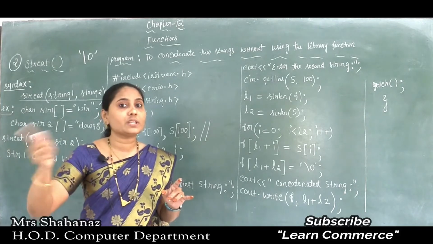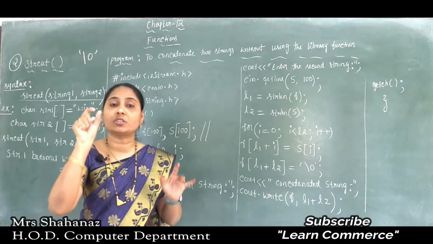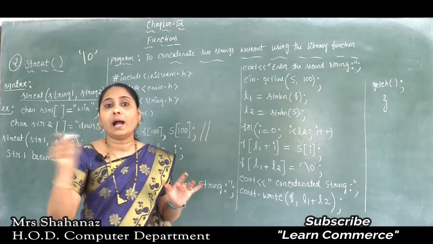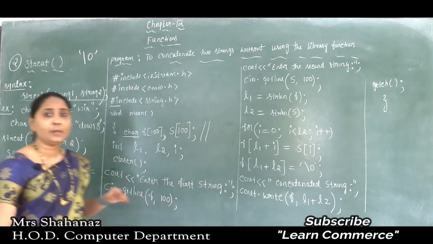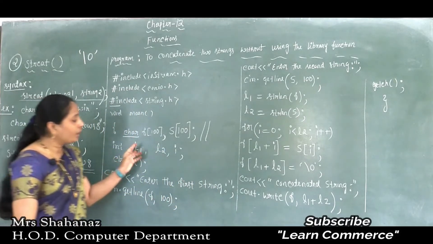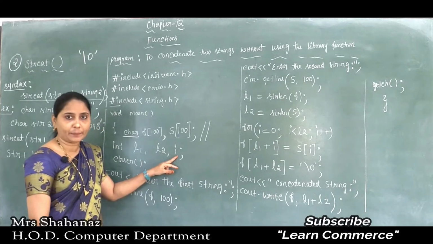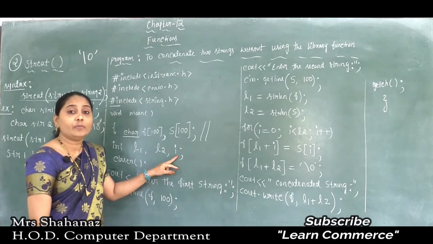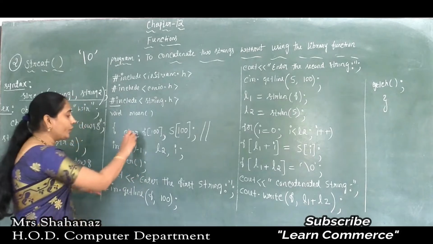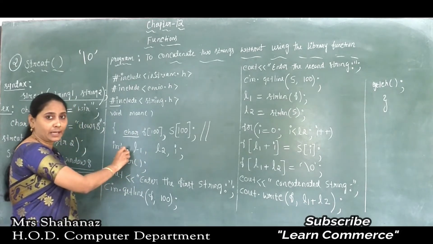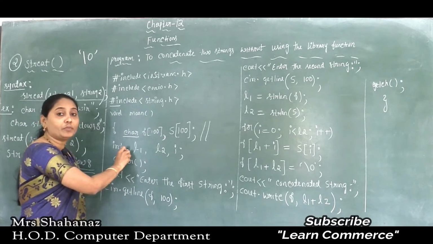Without using the library function, just based on this line I completed the program. So here also, to complete it without using the library function, I need to use the variable I. So the first and second lines are called the declaration of the variables, okay?